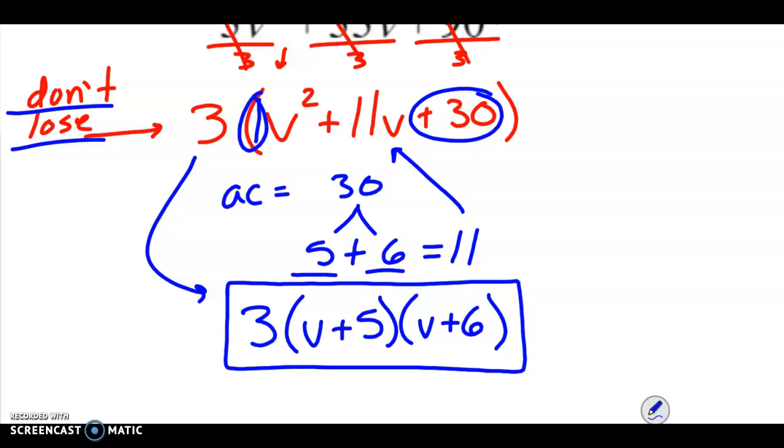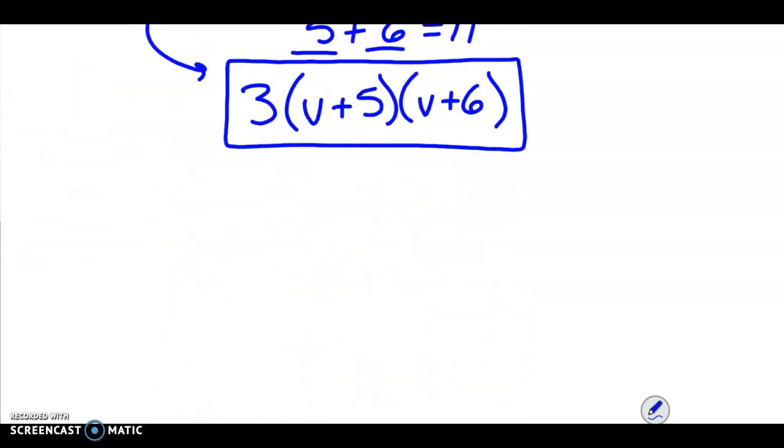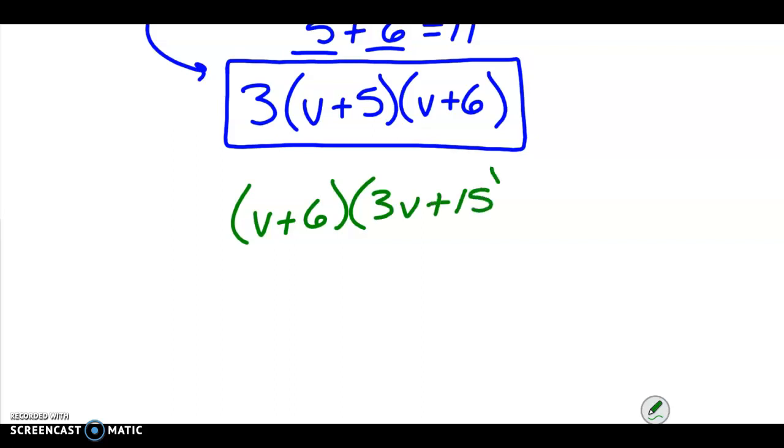Okay? If you didn't make that first step of factoring the 3 out, you would end up with v plus 6 and 3v plus 15 as your two binomials. And then you would have to notice, hey, I'm not fully factored because that one binomial still has common factors in it.